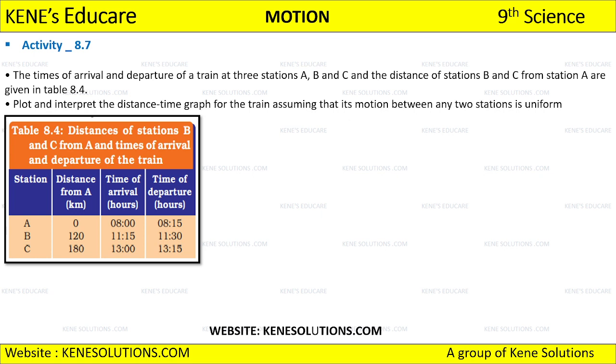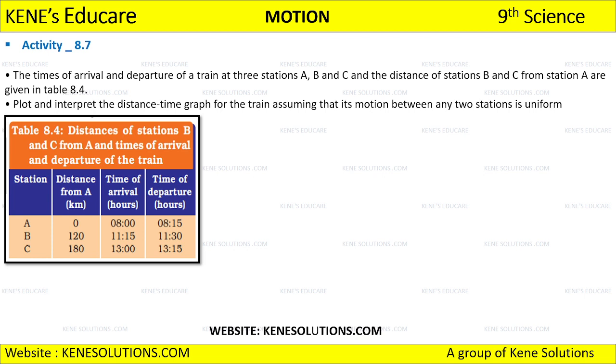So plot and interpret the distance time graph for the train, assuming that its motion between any two stations is uniform. It means we need to assume that the motion between any two stations, be it between A and B or B and C, is going to be uniform.